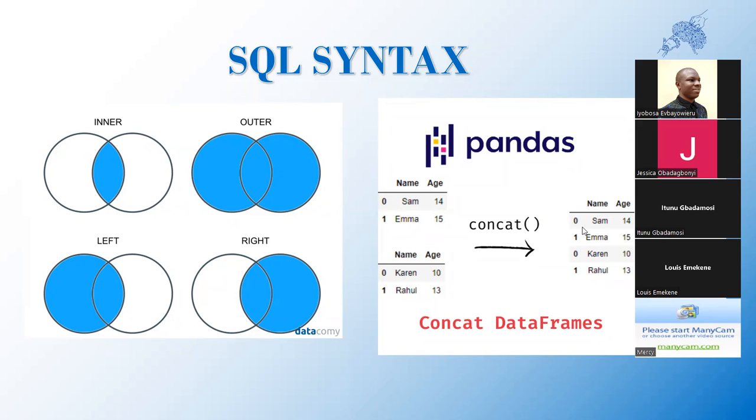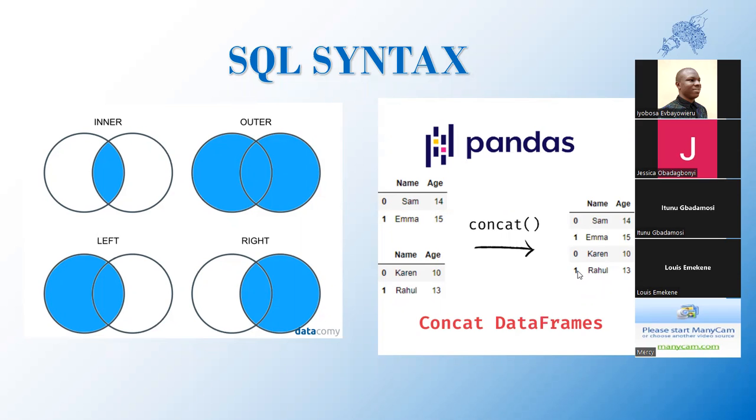But normally after concatenating, it's always advisable to reset the index so that it starts from 0, 1, 2, 3 and above. Just like in Excel, if you want to access a particular value, for example in column A, row 2, you use A2.